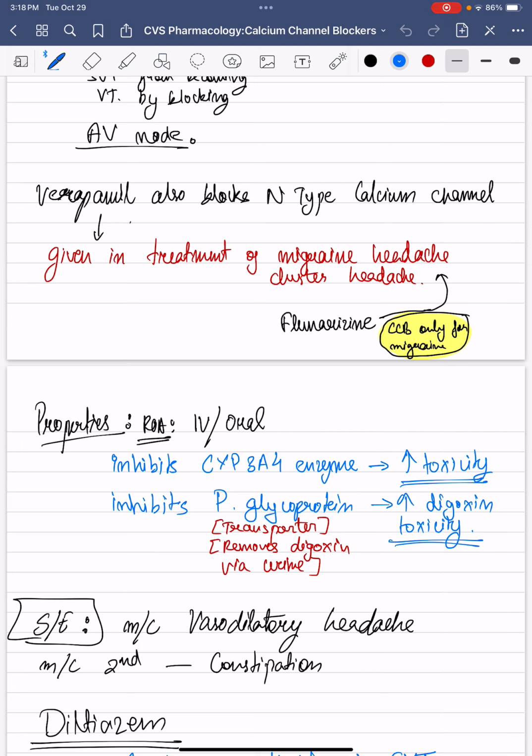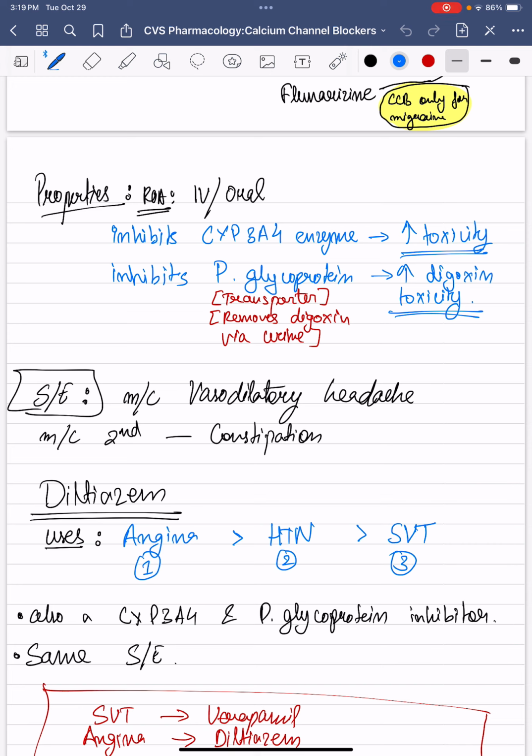P glycoprotein is a transporter, and it is responsible for the excretion of digoxin via urine.